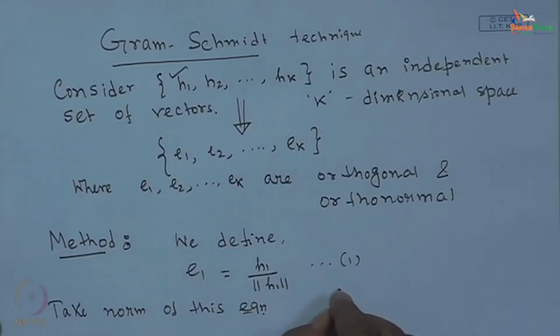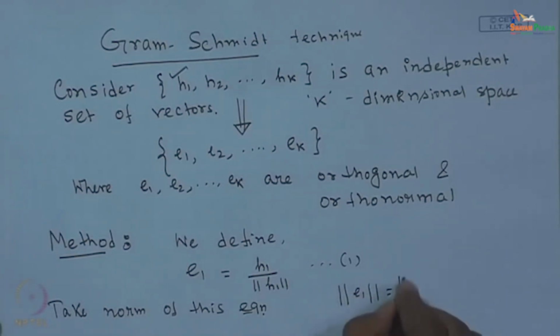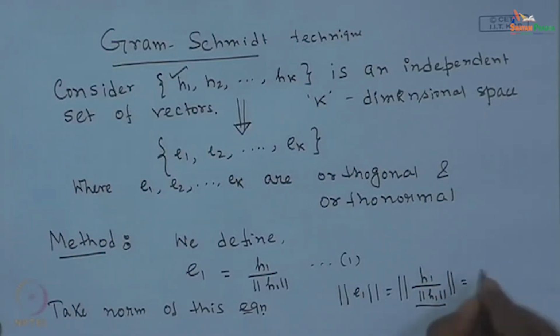What we will be getting is that norm of E1 is nothing but norm of H1 divided by norm of H1, and norm of H1 is nothing but a scalar. So, it comes out of this norm, you just remember the properties of a norm. So, this will be nothing but norm of H1 divided by norm of H1.